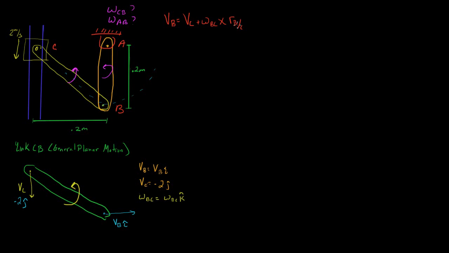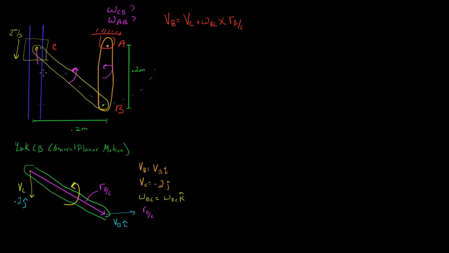And this position vector of B with respect to C. So we start at point C. We go to point B, and that's this position vector r of B with respect to C. To get to B, we need to go down 0.2 meters and over to the right 0.2 meters.